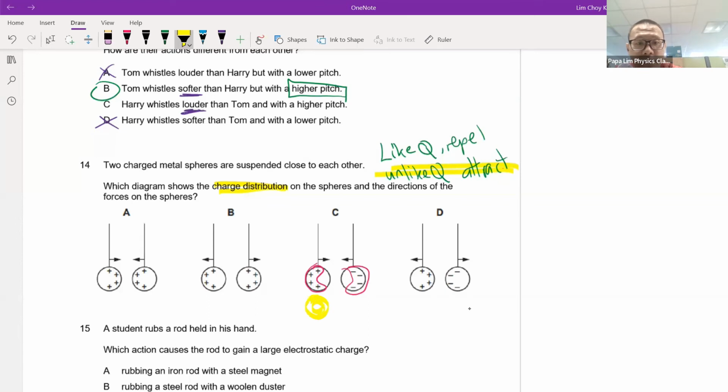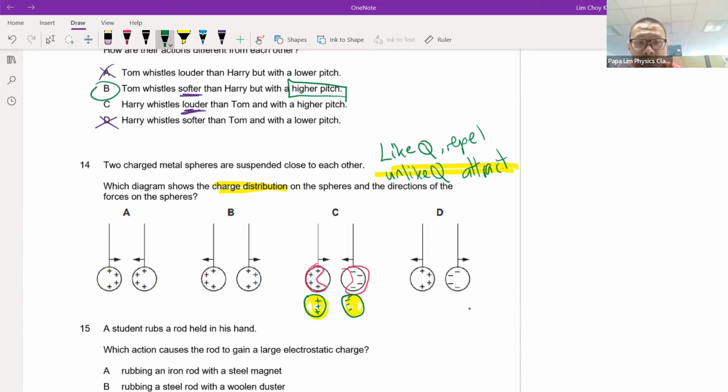For example, if I have two spheres with positive and negative charges, instead of moving away, the charges should be near to each other, because unlike charges attract. The two charges will be attracted together, trying to touch each other. So the charge distribution should be more towards the center.